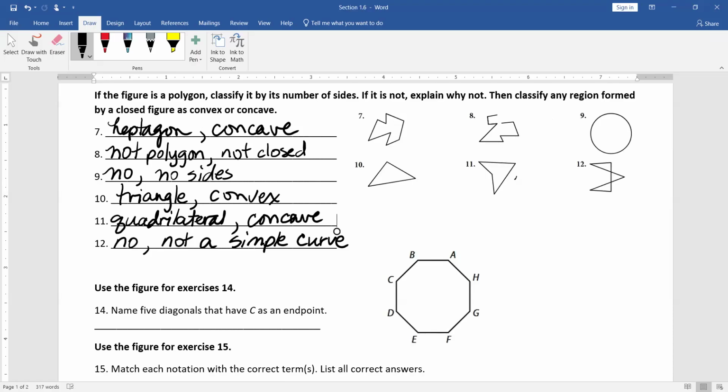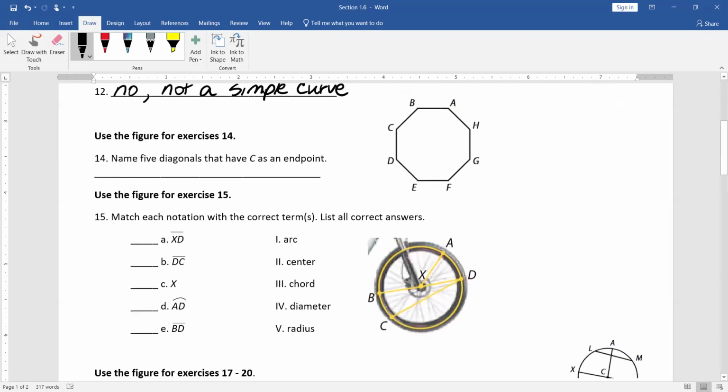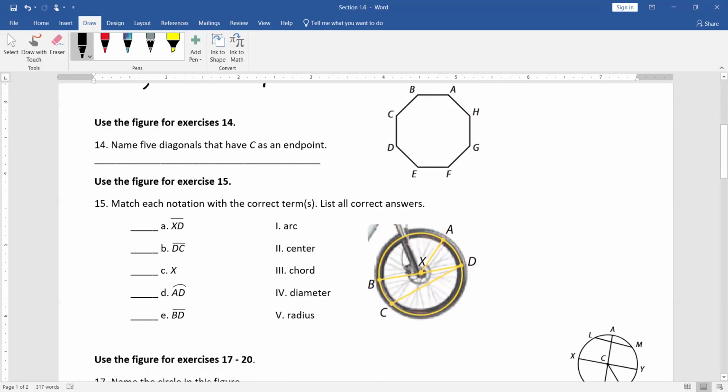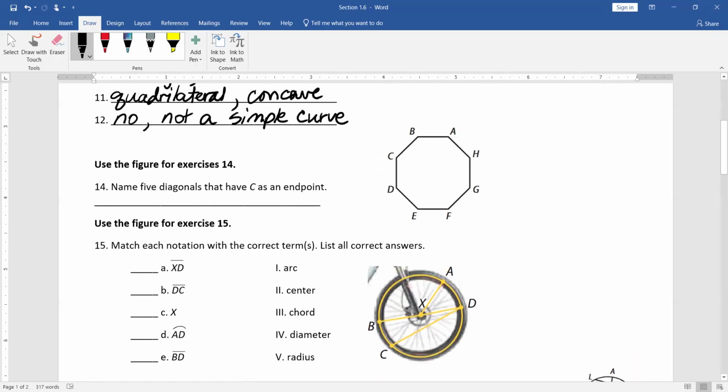You will notice on the sheet that I sent home, or that we worked on today, that yours is going to look a little different than mine because I realized that I made a mistake when I made the worksheet.